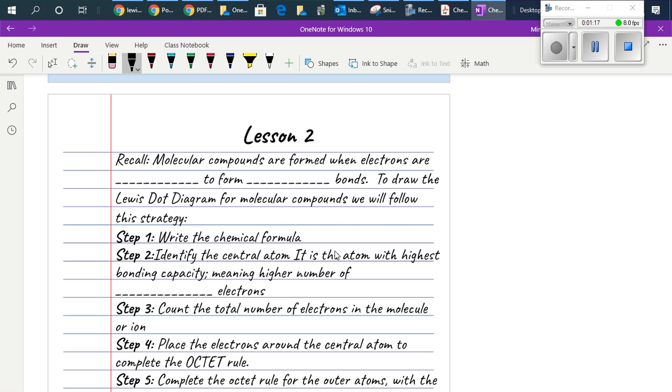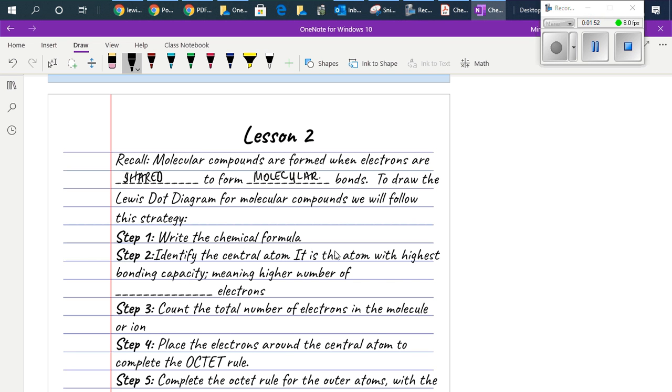In this way, two electrons are shared between two atoms, or one electron is shared between two atoms, so the electrons are shared. And in this way, they are forming a molecular compound. So this is how molecular bonds are formed.